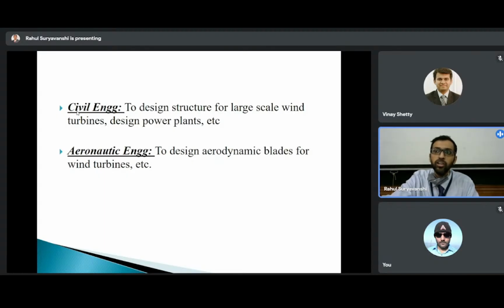So it should be aerodynamically designed. That is where the design and analysis part comes in, wherein aeronautic engineers come into play. So this was an overview of how various engineerings are required for our renewable energy systems.